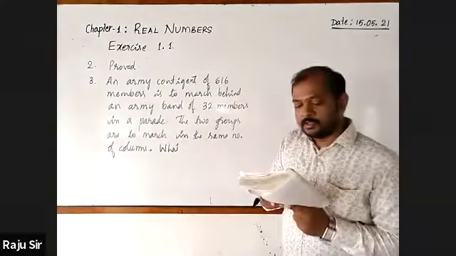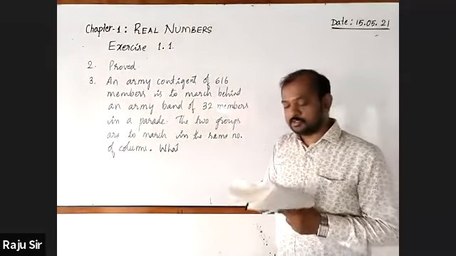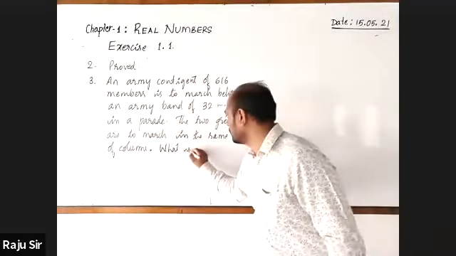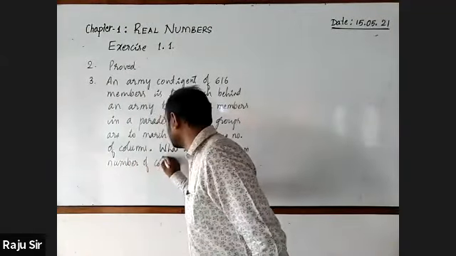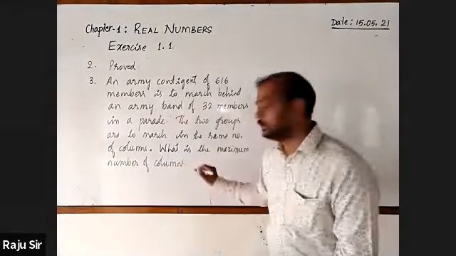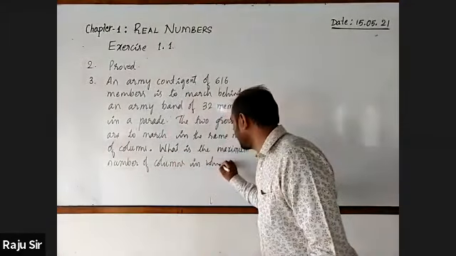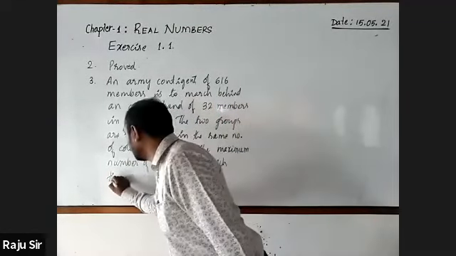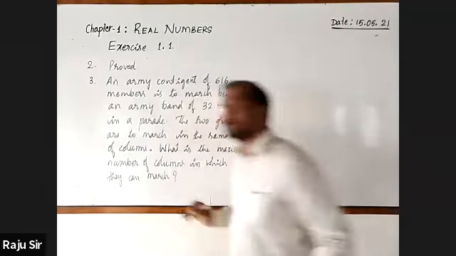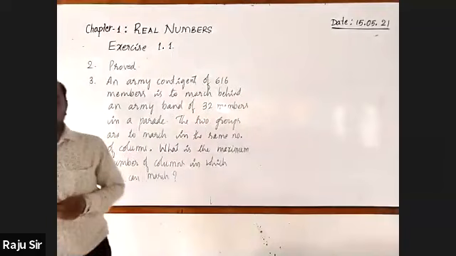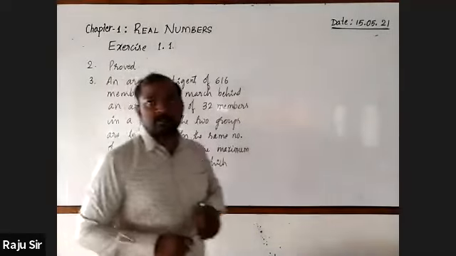Then, what is the maximum number of columns in which they can march?